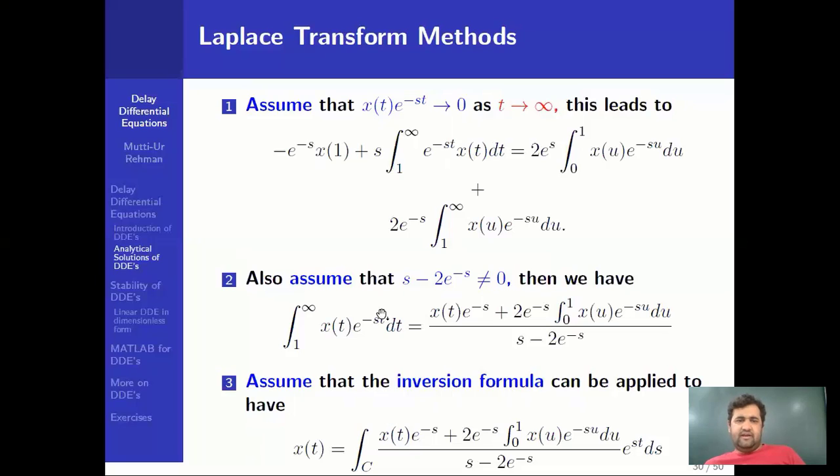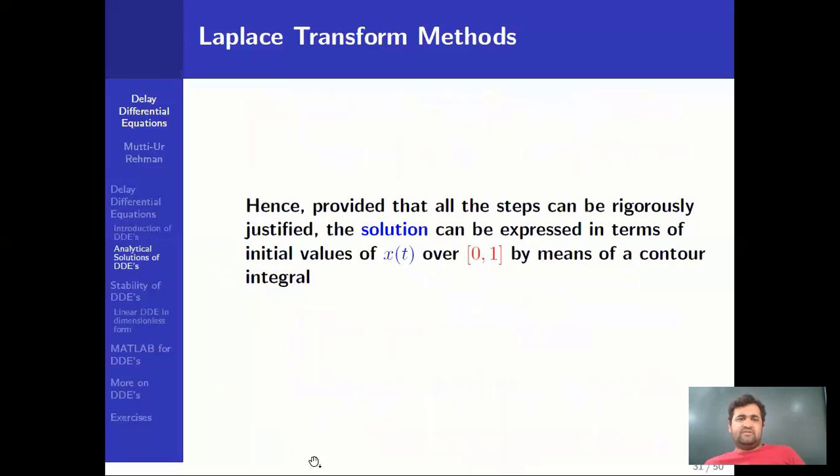In order to get an expression for this guy, I have to make use of the inversion formula. So eventually I will get the expression for the current state of my dynamical system. Now you can say that the solution of your delay differential equation can be expressed in terms of the initial values of your state over this interval with the help of a contour integral.